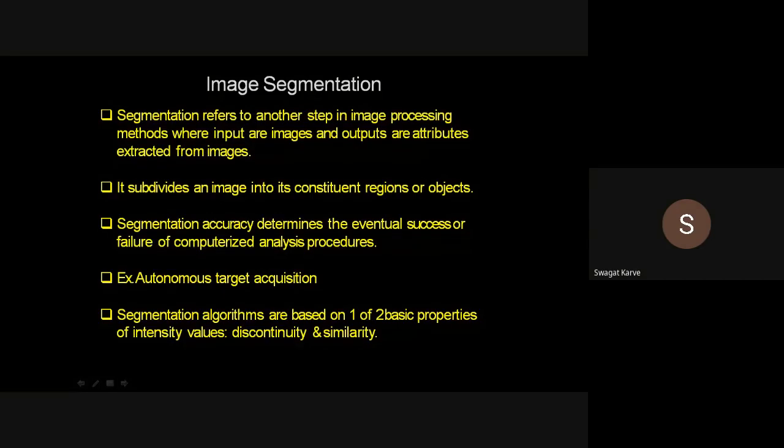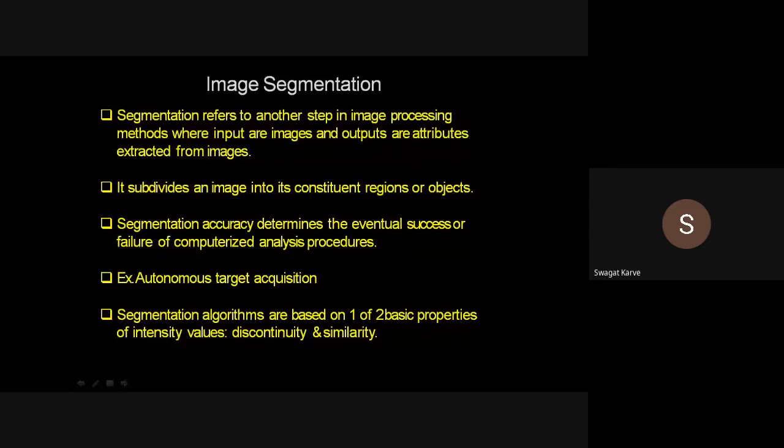So that is mid level image processing, or it can be known as image analysis. So always remember, image enhancement is a low level image processing type, and image segmentation is a mid level image processing type. Okay, so you have to remember this point.